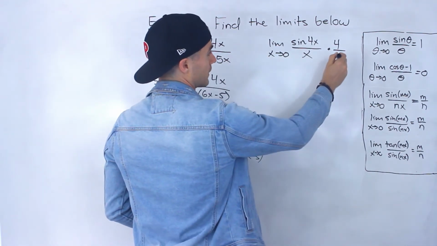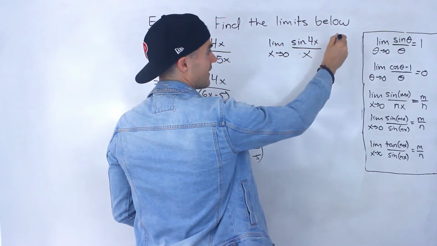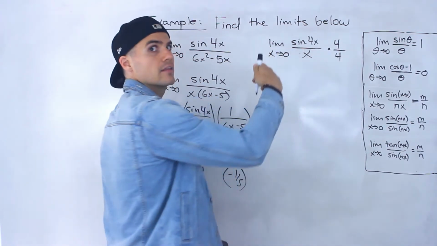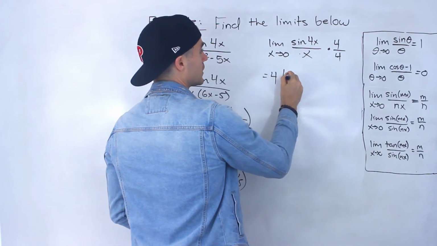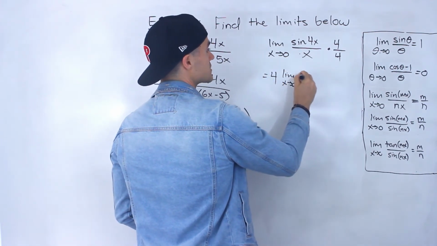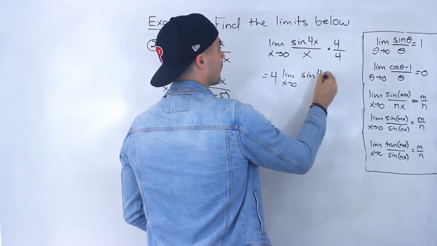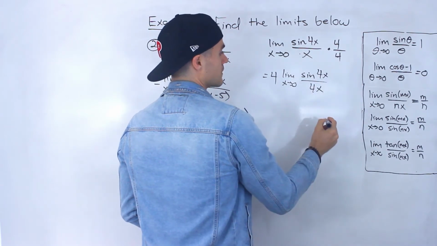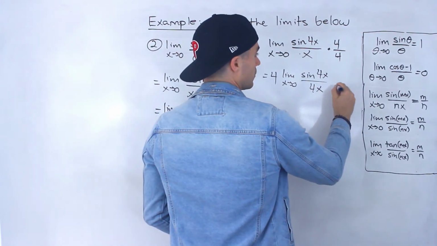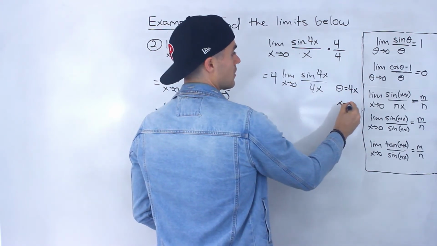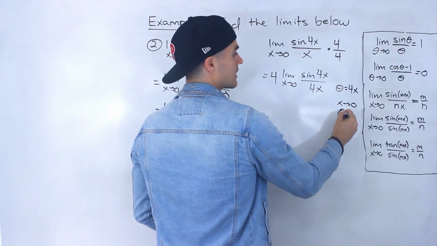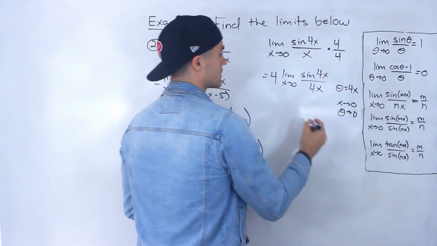Now I'm going to take this 4 and put it in front of this x, and this other 4 I'm going to take outside of the limit because it's just a constant. So this would end up being 4 times the limit as x approaches 0 of sine 4x over 4x. Now we can do a change of variable. We could let theta equal 4x, and as x approaches 0, theta is approaching 0 as well.